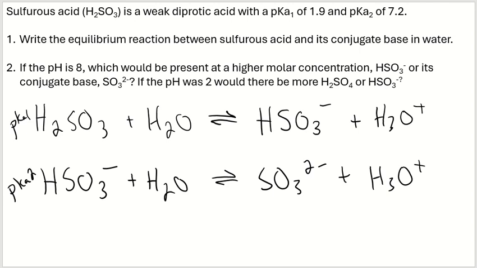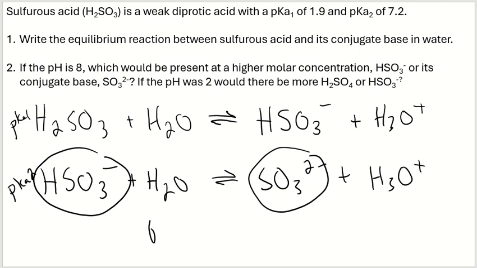Now the next question is, if the pH is 8, which would be present at a higher molar concentration? The HSO3 minus or its conjugate base, the sulfite ion. So we're looking at pKa2 now. At a pH of 8, would I expect to have more of the right side or the left side? And the way we do this is by looking at the pKa.